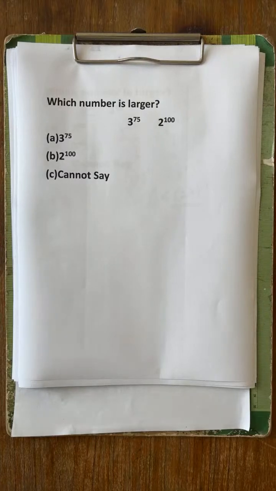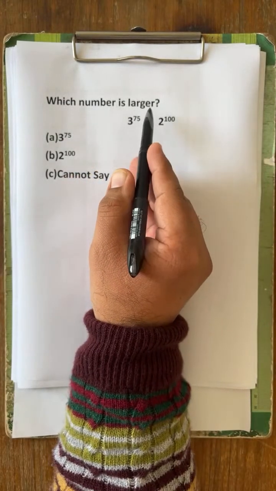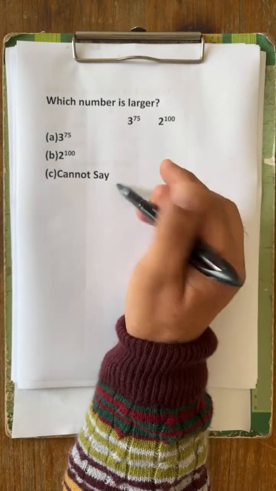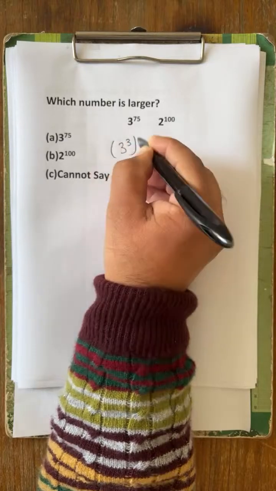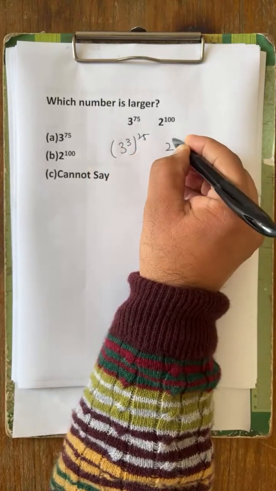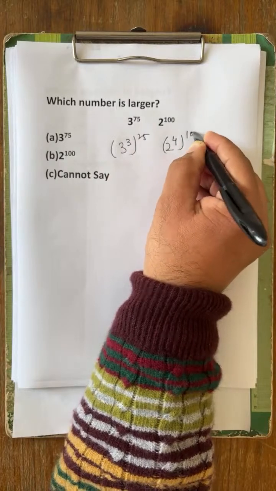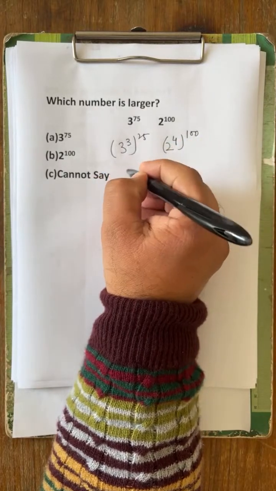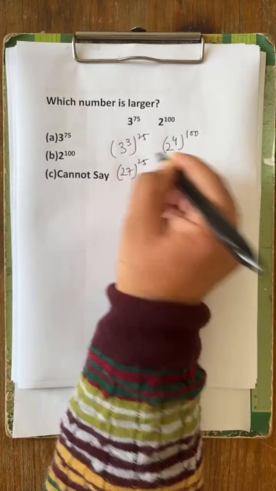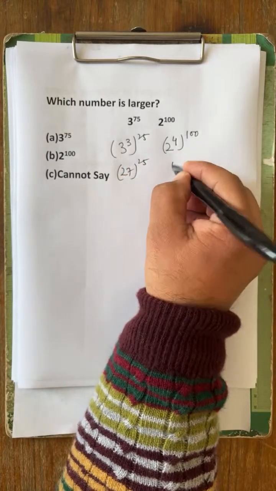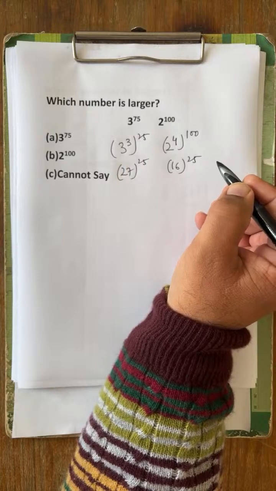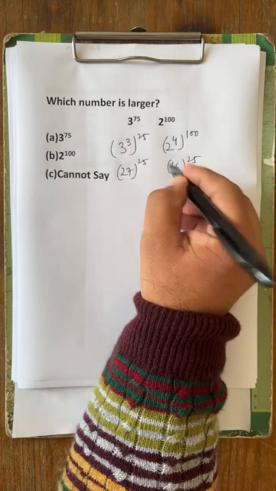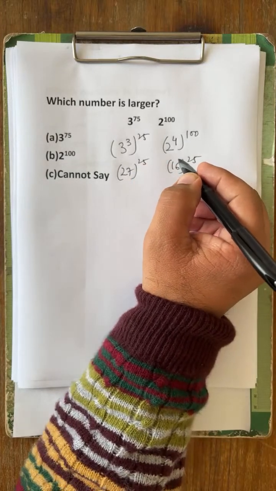Now let us solve this question. Which number is larger, 3 power 75 or 2 power 100? Now 3 power 75 can be written as 3 power 3 whole power 25 and 2 power 100 can be written as 2 power 4 whole power 25. Now 3 power 3 is 27 power 25 and 2 power 4 will be 16 power 25. Now as the power is same, which number will be larger?